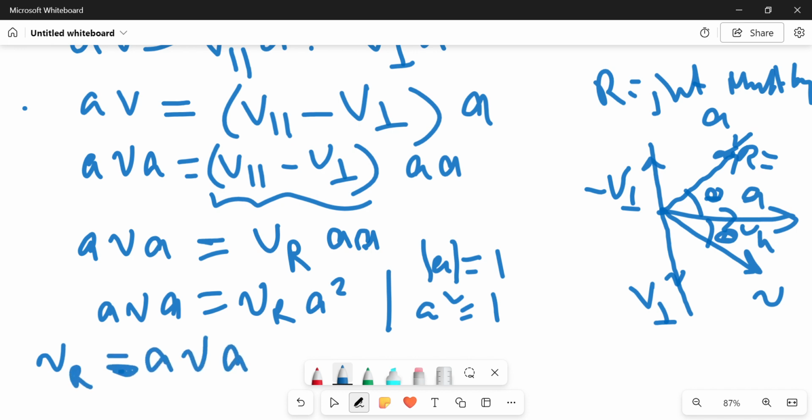And I get V reflected is simply A V A, where A is a unit vector around which the reflection takes place. V through A is reflected to V reflected. So the reflection is A V A. That's it. Thank you very much.